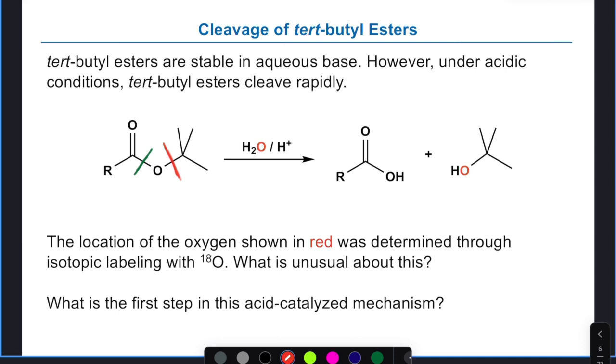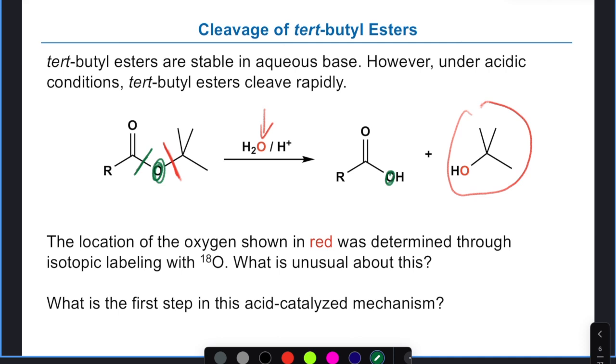If you track through, this oxygen, the piece that we're using for the hydrolysis, ends up on the tertiary butyl piece. The oxygen that started out here on the carbonyl remains on that carbonyl. So this is just tracking which bonds are being broken, and it's represented in the mechanism. Again, this is only possible if you have a tertiary butyl or a tertiary carbon in your ester center.